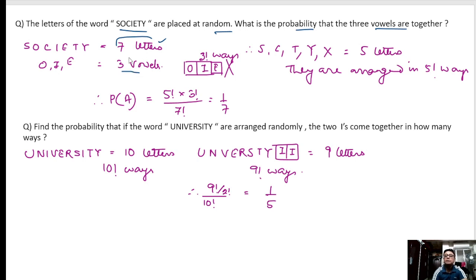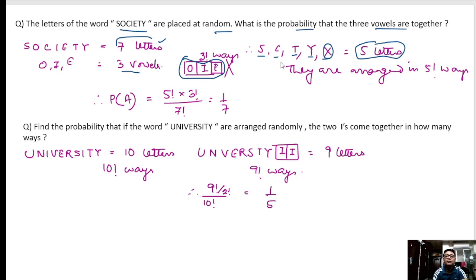So I want the 3 vowels to be together. Let us keep all 3 vowels together in one box and name it X. So in total how many do we have? S, C, T, Y and X. Okay, so there are 5 letters now. Wherever I put this letter X, I know that inside it there are 3 vowels.